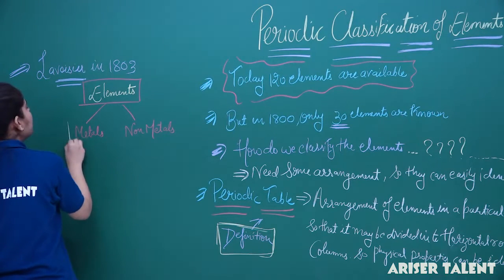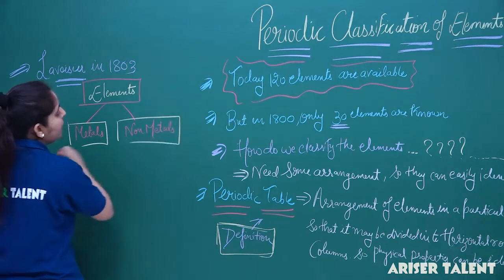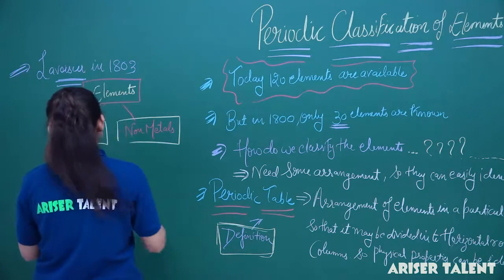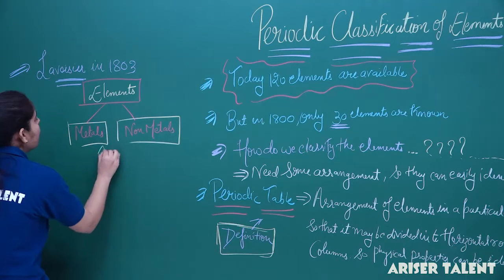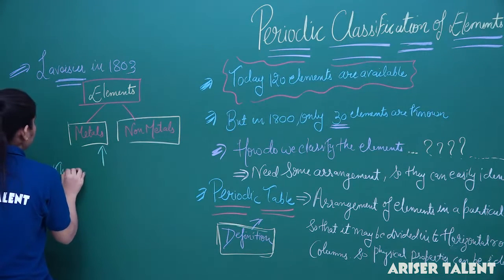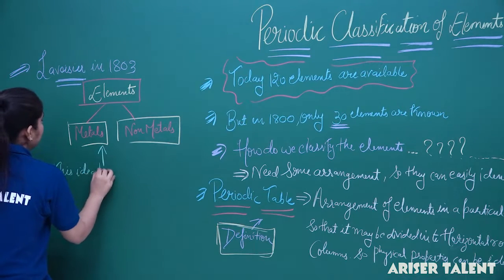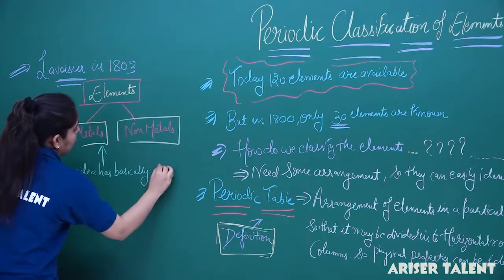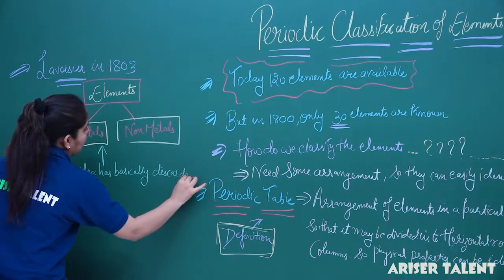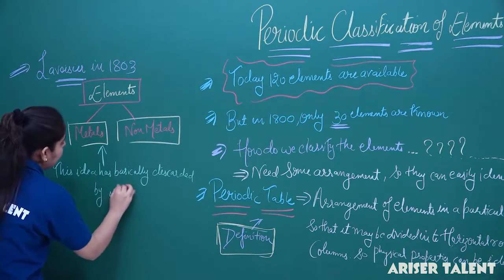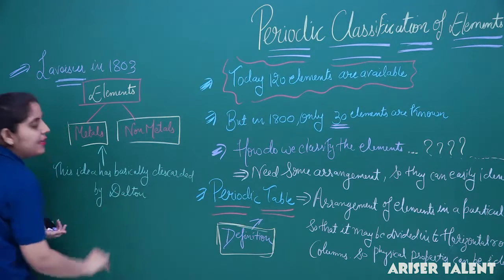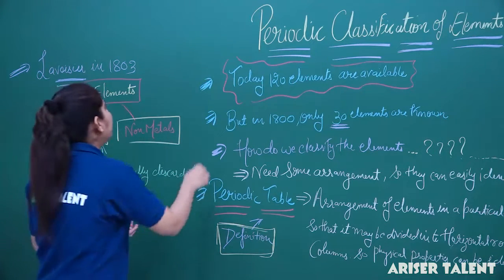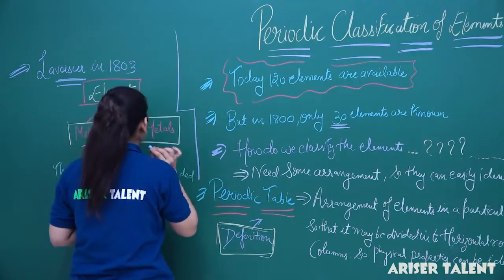So this was the classification for finding out the periodic table, but Lavoisier's idea was discarded by the scientist Dalton. So Dalton discarded this idea, and it was not applicable for the formation of the periodic table.